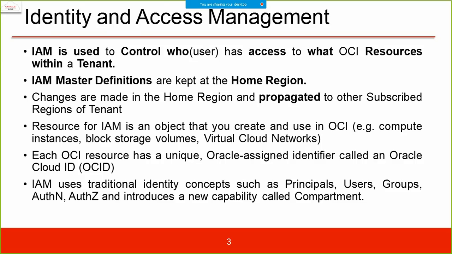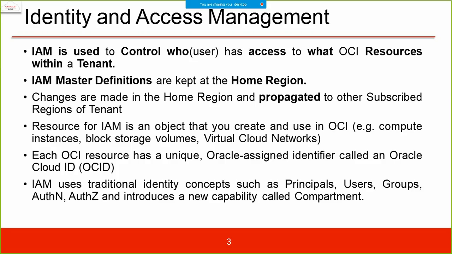So changes are made in the home region and they are propagated to other subscribed regions of the tenant. So we don't have region specific IAM. We have an identity management system for one home region and they are propagated. Means after that you log into any region, because they are propagated to other regions.